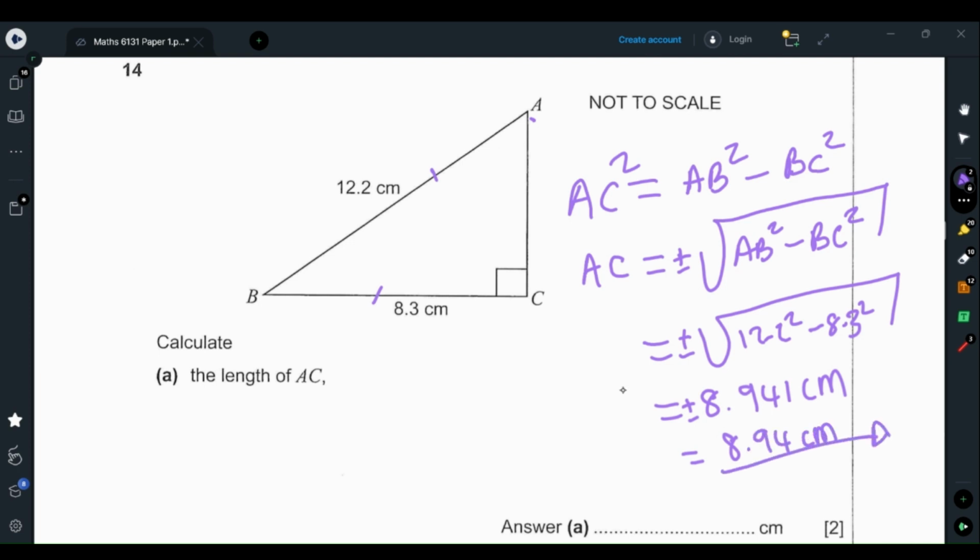Let's round it off to 3 significant figures or 2 decimal places. And yeah, our length is 8.94. That's for A.